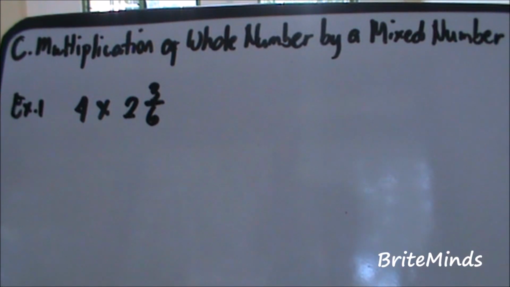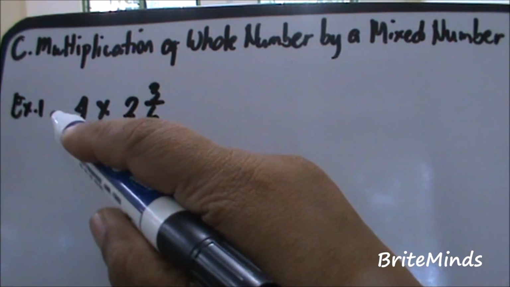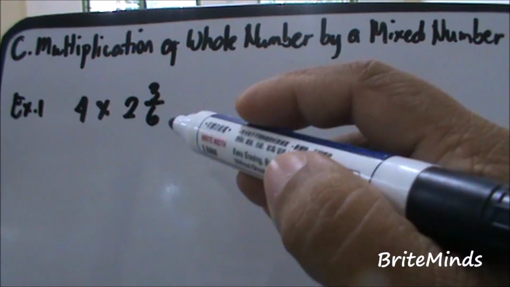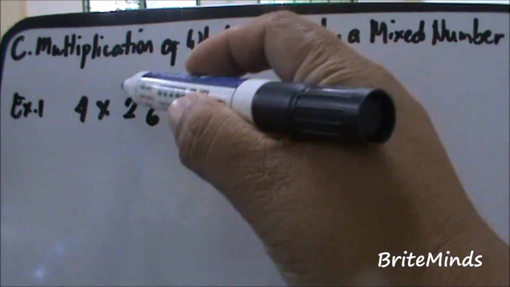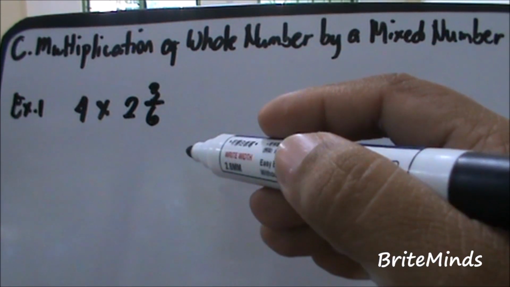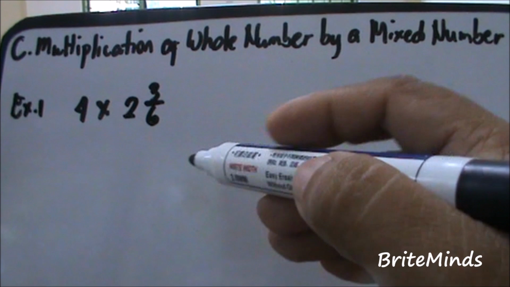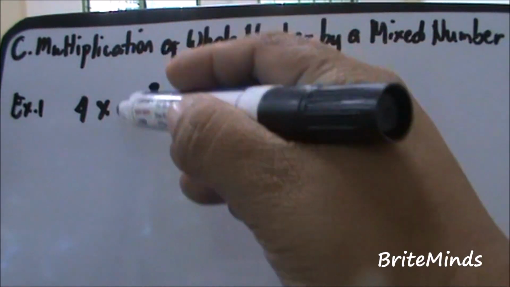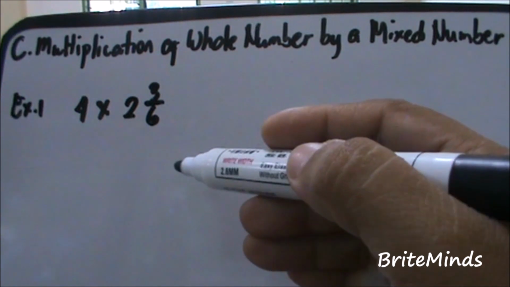Multiplication of a whole number by a mixed number. To multiply a whole number by a mixed number, change the mixed number into an improper fraction and then multiply. Like our example here, we have a mixed number of 2 and 3/6.